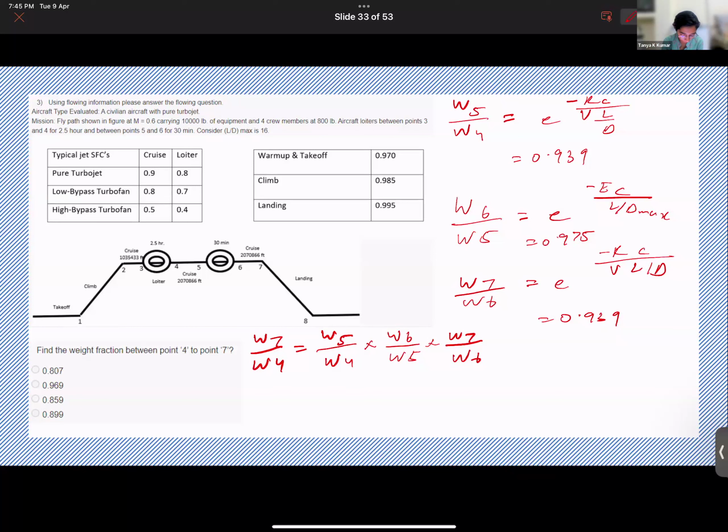Both the cruises are for the same range, so your ratio for both the cruises is the same. Now just multiply it. You have 0.975 into 0.939, and you get 0.859. Correct me if I'm going wrong.